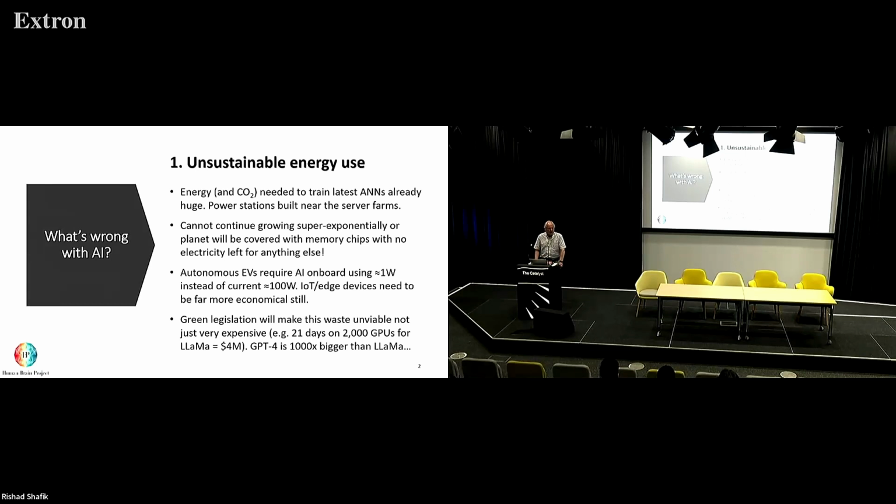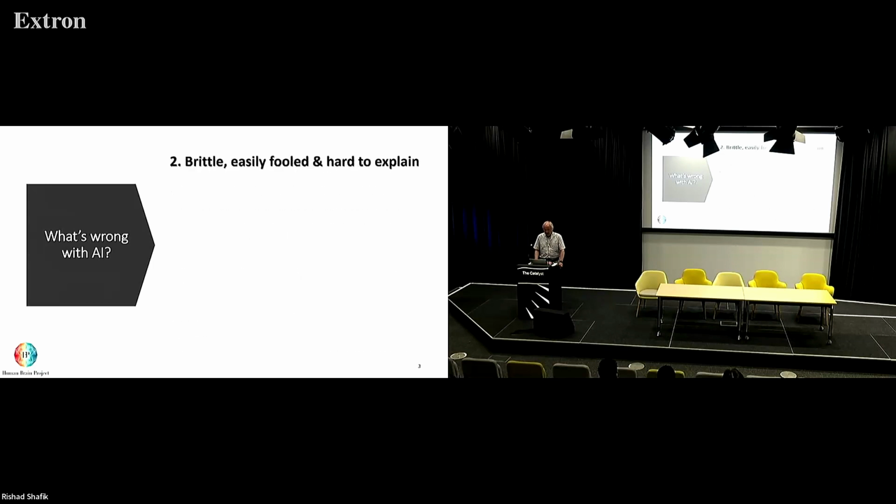So there's the energy argument, which I guess everybody here is pretty familiar with. But that's not the only argument. Current AI is also what I would describe as brittle. When it works, it's great. When it doesn't work, it goes wrong quite badly. And it makes errors due to noise in the data, but also a problem which I suspect we'll see more of is that it's easily fooled.